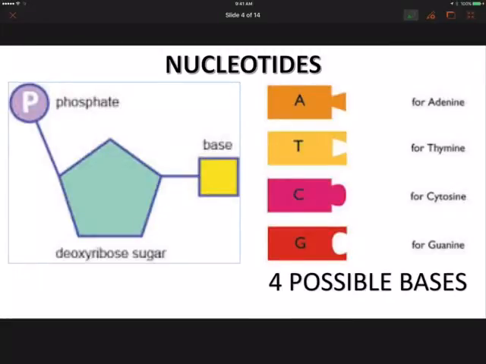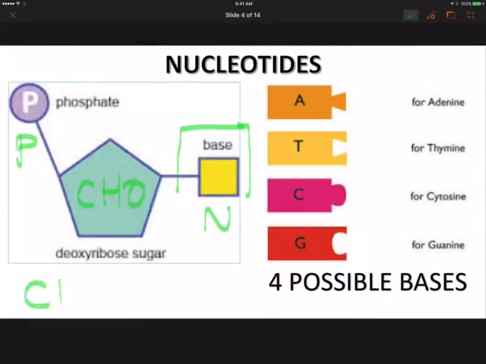So let's look closer at that nucleotide. This is our pentose sugar, a 5-carbon sugar, so it's a CHO. It has a nitrogenous base over here, where I add my nitrogen, my N, and I have a P, or a phosphate group.